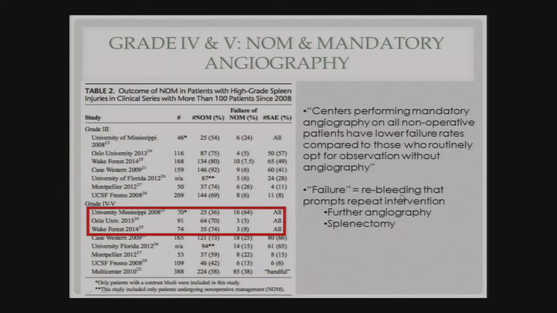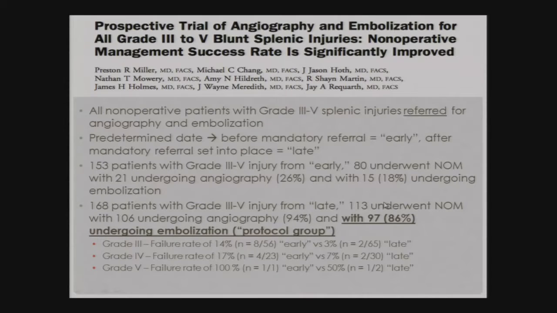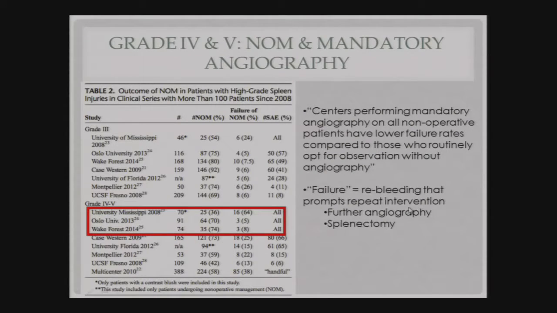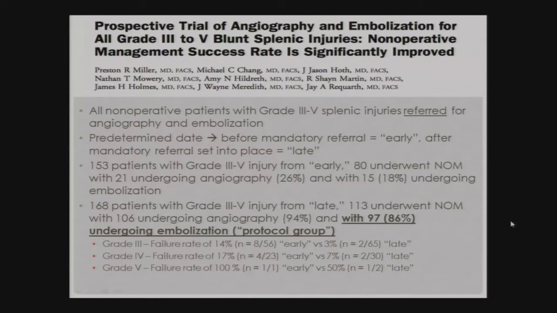And so from the Wake Forest study, which was, you can see 8% failure, I sort of looked into this one a little closer. You can see one of our previous graduates, Dr. Hildreth, there. So again, all of the patients were referred to angiography, and essentially they looked at a predetermined date, and before that was the early group, and then after that, mandatory referral was the late group.